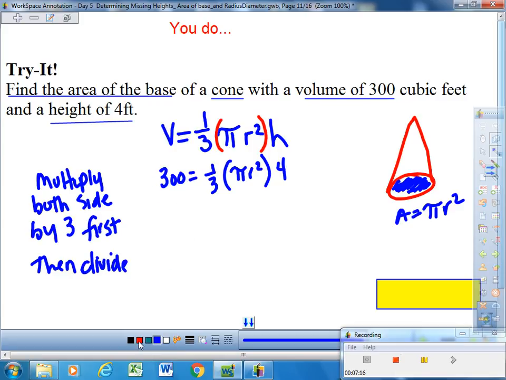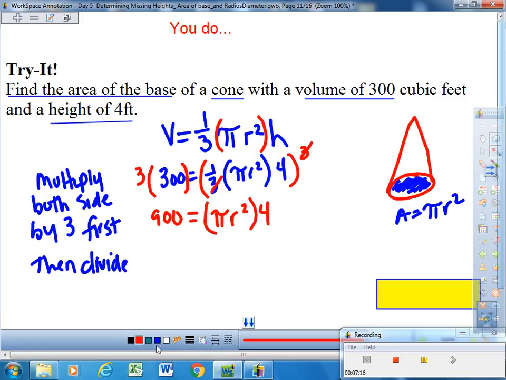If I multiply this side by 3 and this side by 3, all that does is cancel out the fraction, and I'm left with pi r squared times 4 equals 900. Now if I divide both sides by 4, this cancels, and I have 225 equals pi r squared. Pi r squared is the area formula, so I'm done.